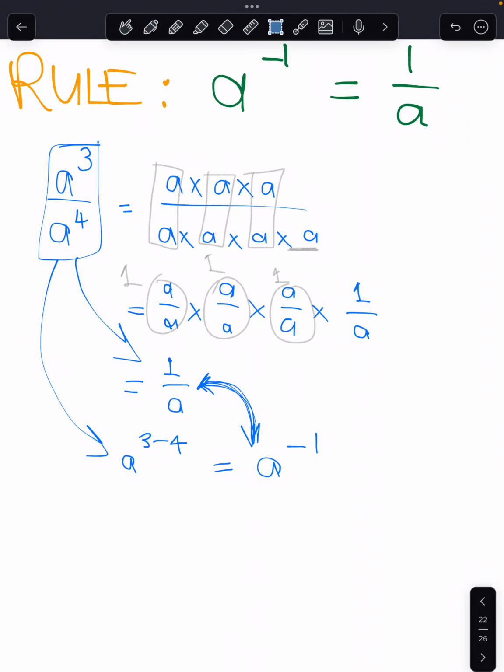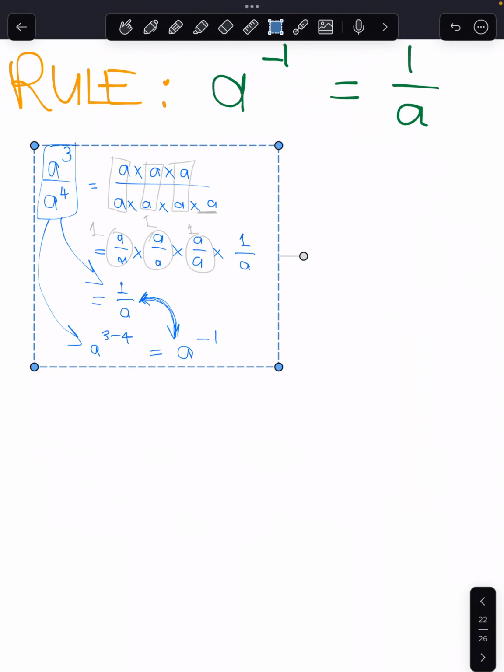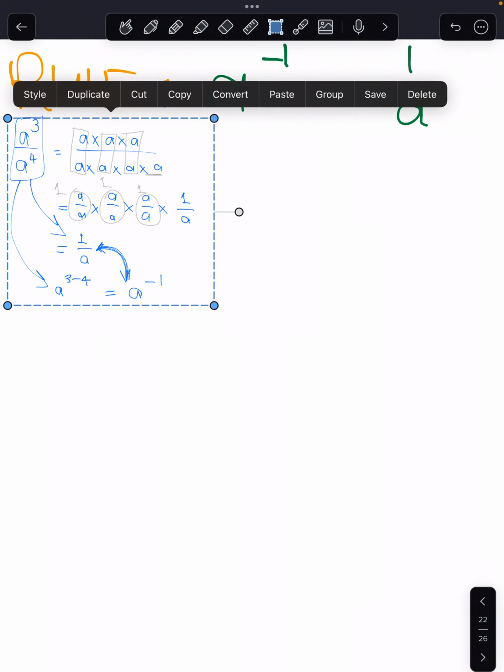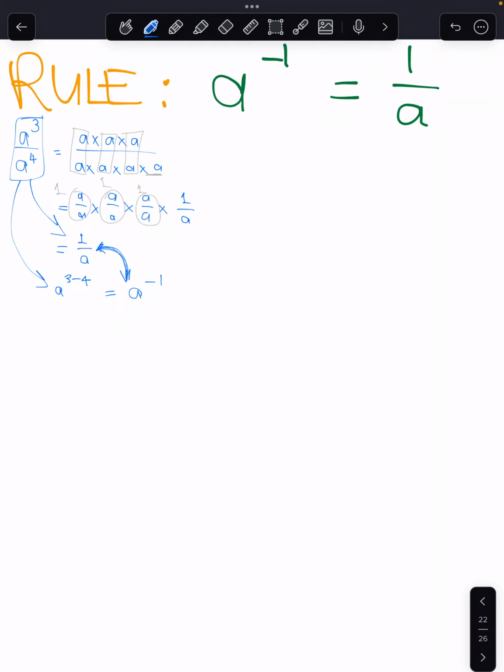Let's look at another approach. Suppose I have a times something is equal to 1.